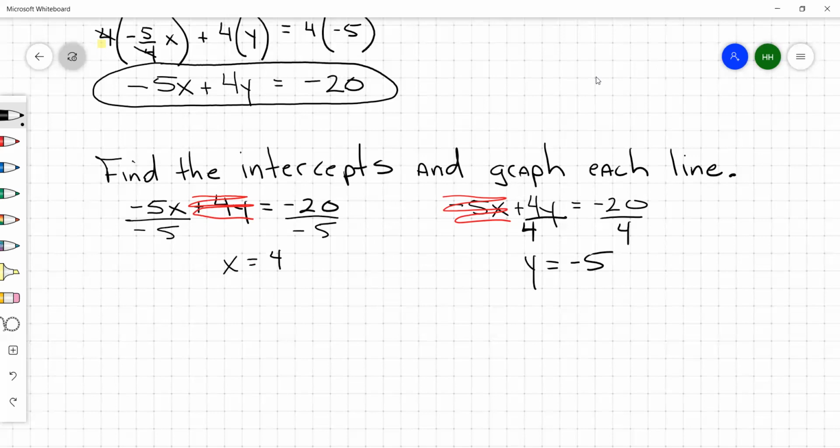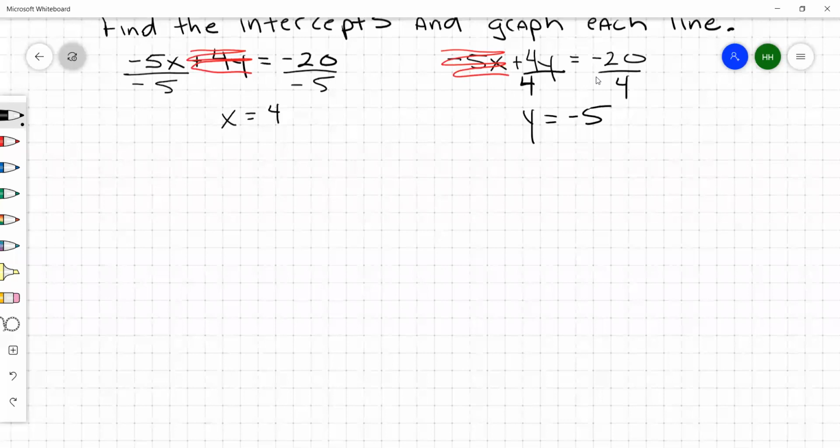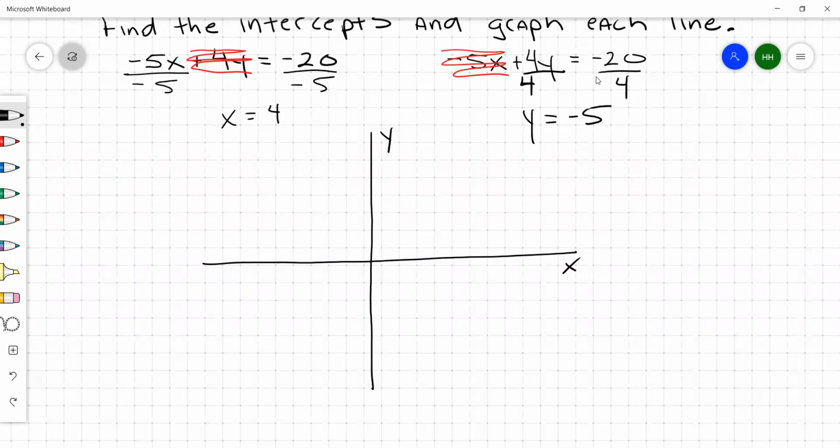And the second part of the question is to graph the line. So if you take this line and you draw your xy axis, your x-intercept is at 4. So your line hits the x-axis at 4. And your y-intercept is at negative 5.